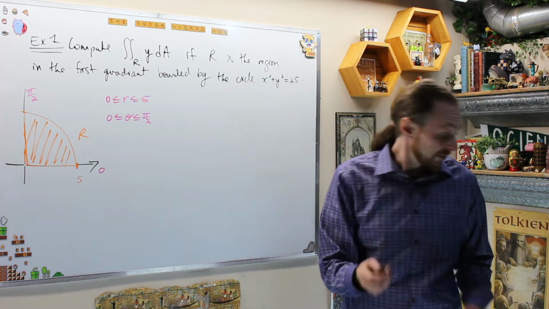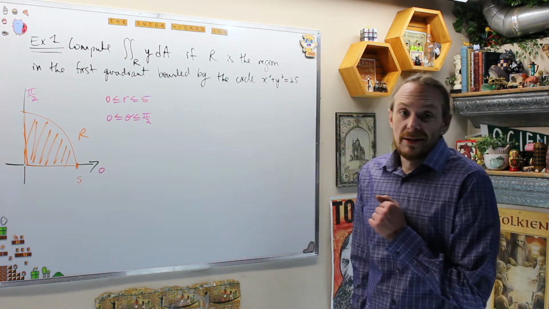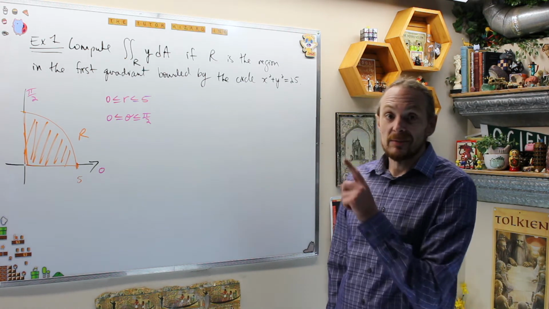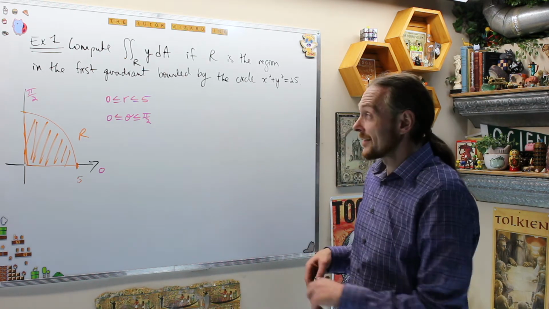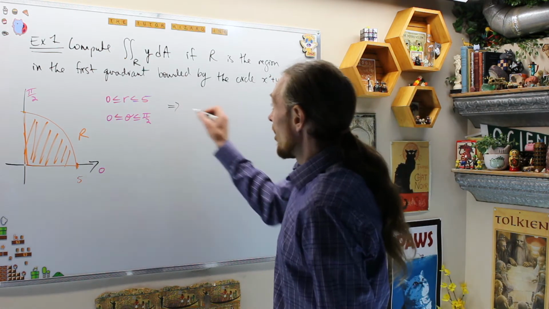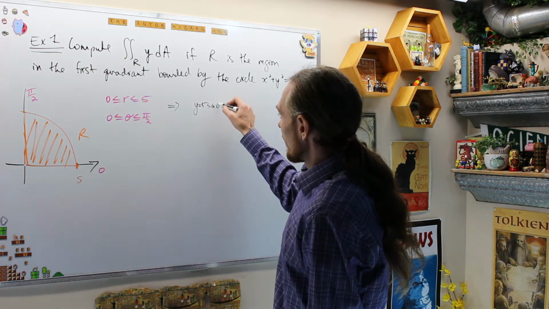I can use Fubini's theorem and iterate this integral in either order I want. But classically, you have to be careful because we have to do r dr d theta. Always put the theta on the outside and the r on the inside. This tells us that y is equal to r sin theta. I have to put that in there.